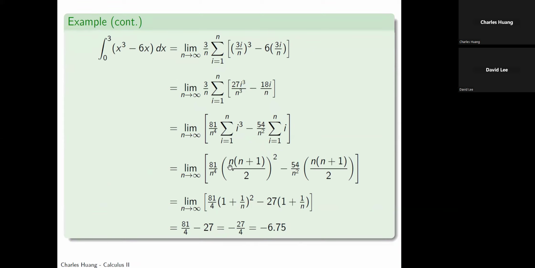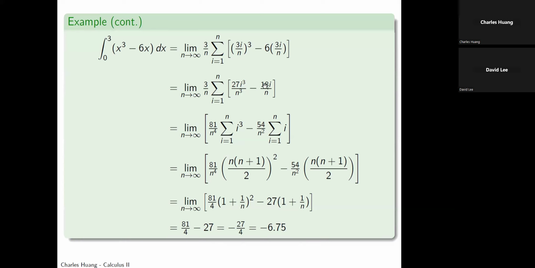We can continue with pulling things out in the front, because in the end, we really only need to keep i behind, right? The 27 is just a number multiplied by it. I can pull out the 27 to the front. I can pull out the n cubed to the front. And the only thing I will have left is i cubed.